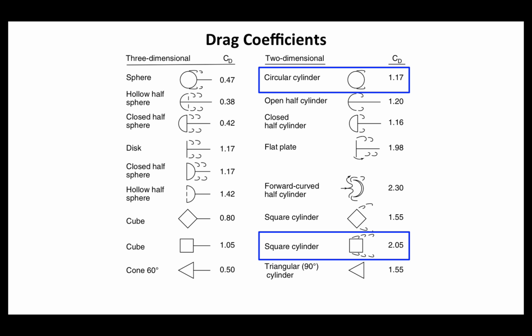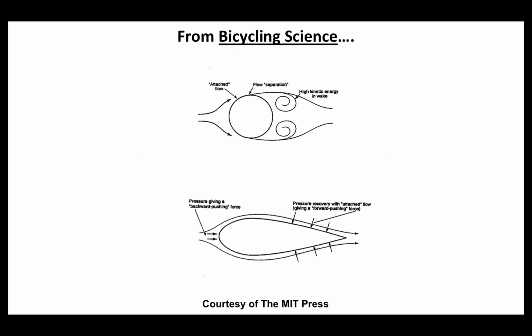I'd like to add another shape to my table here and try to estimate the drag coefficient, the CD, of an oval or elliptical cylinder. If I go back to these two images that you've seen before and I contemplate this oval spoke, it's clear that it looks a lot less like the picture on the top, with a lot of drag in the wake of the spoke, compared to the more aerodynamic spoke at the bottom.